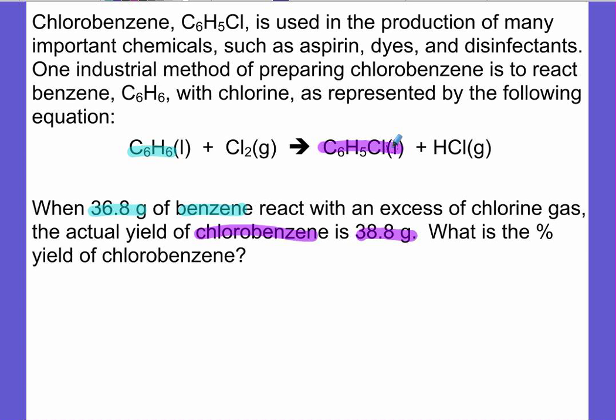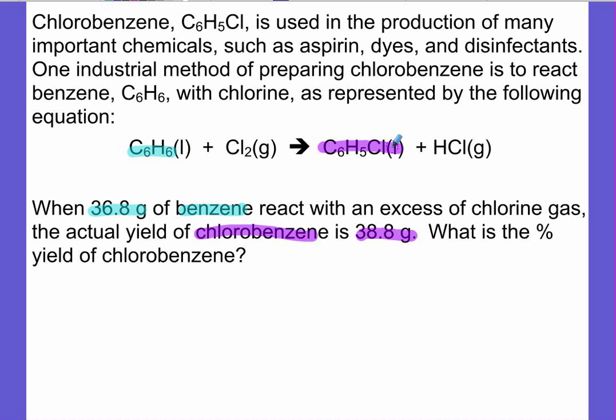I need to have 2 different gram values for chlorobenzene to do a percent yield. So the actual yield that was given there, we're going to use that, but we need to figure out what the theoretical yield for chlorobenzene would be. We need to figure out how much chlorobenzene we could make starting from 36.8 grams of benzene.